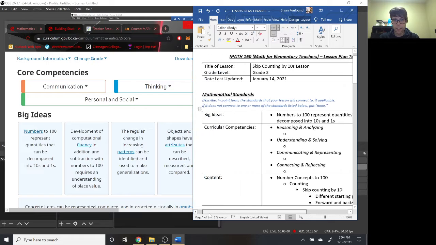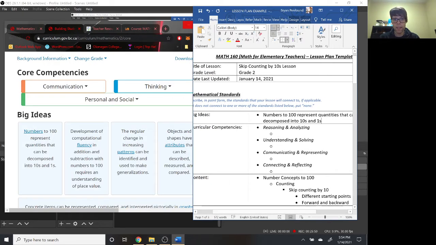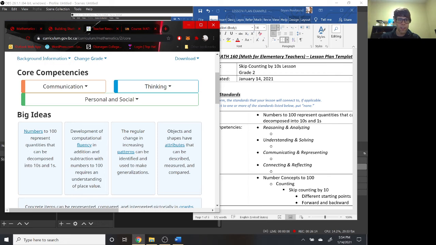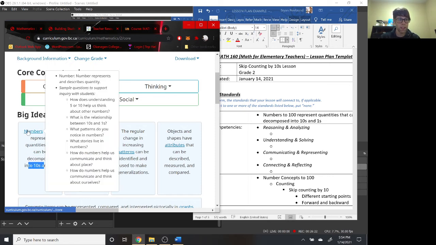I definitely think we're doing something like that in this lesson because we're thinking about numbers in the tens column, right? So thinking about numbers as representing quantities, not necessarily decomposing anything, but definitely thinking about numbers as representing quantities and paying specific attention to that tens column.